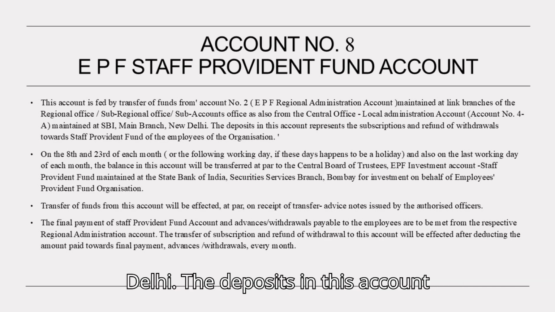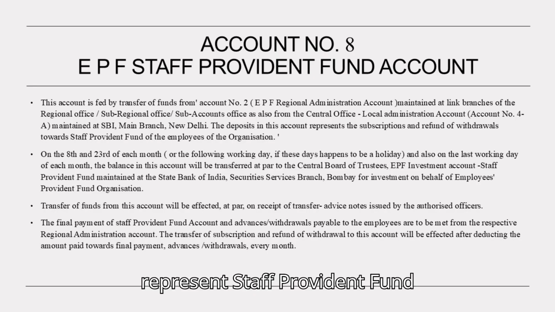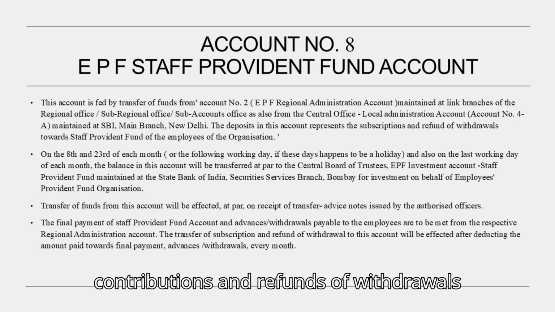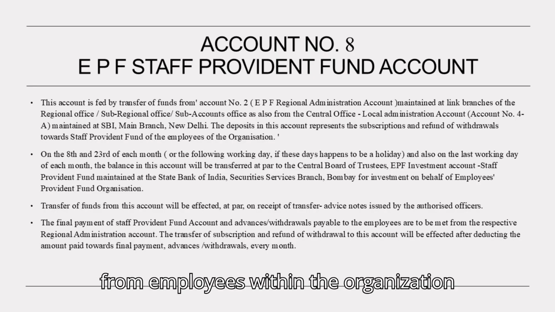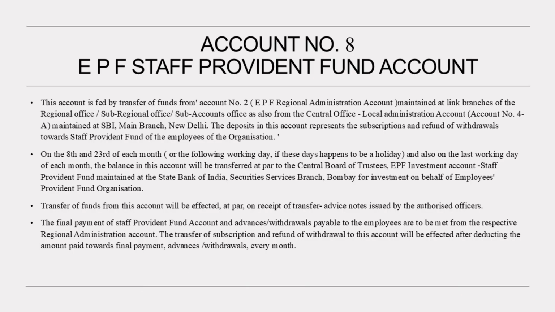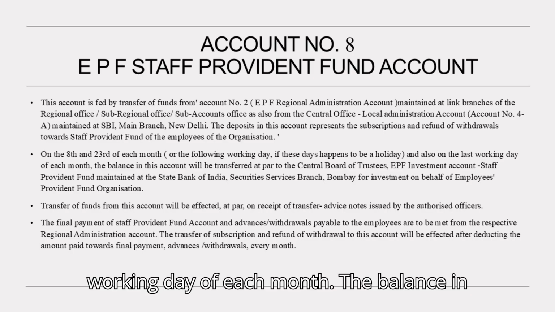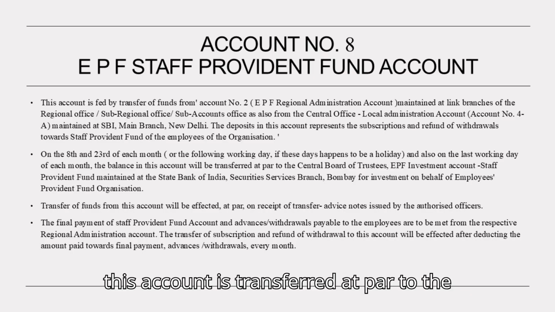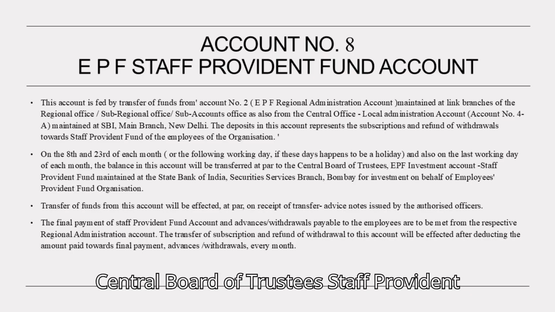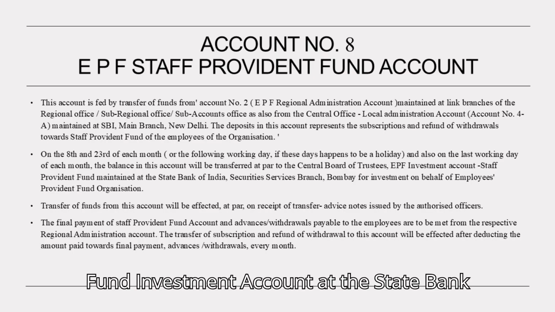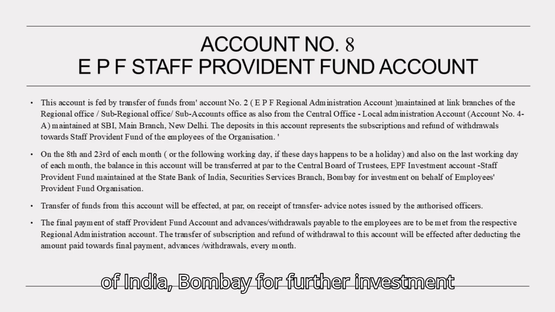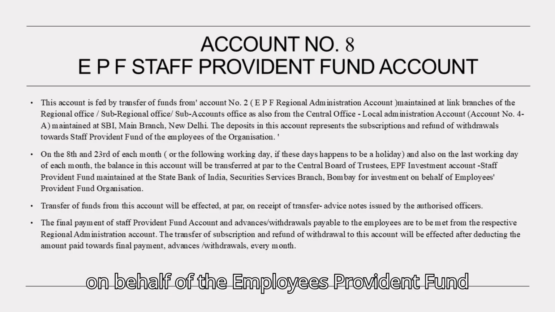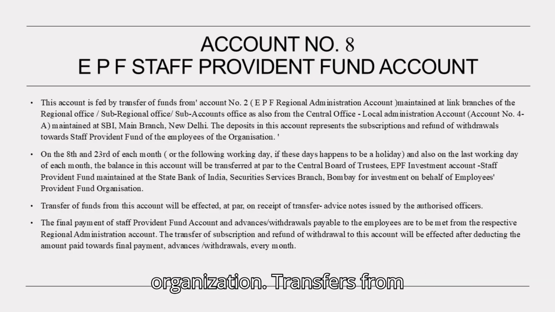The deposits in this account represent staff provident fund contributions and refunds of withdrawals from employees within the organization. On the 8th, 23rd, and the last working day of each month, the balance in this account is transferred at par to the Central Board of Trustees Staff Provident Fund Investment Account at the State Bank of India, Bombay, for further investment on behalf of the Employees Provident Fund Organisation.